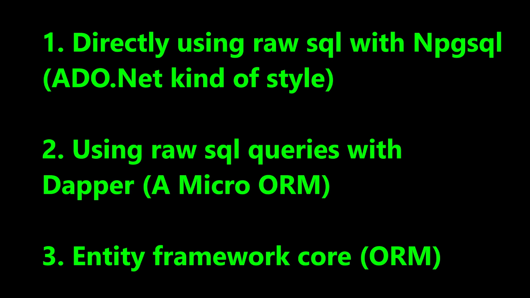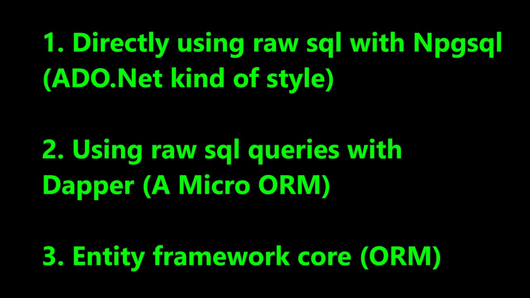In Postgres, we have Npgsql for that. Second thing, we can connect with Dapper. It is basically a micro ORM where you can connect to your database using just raw SQL. And the last thing is we can connect to the database with an ORM, object relational mapper.